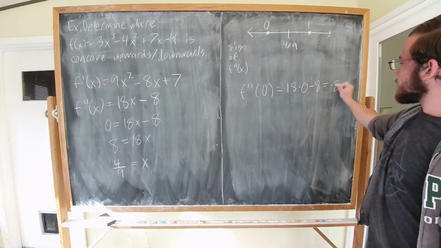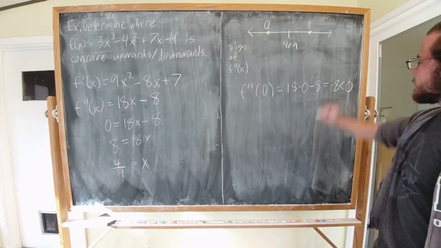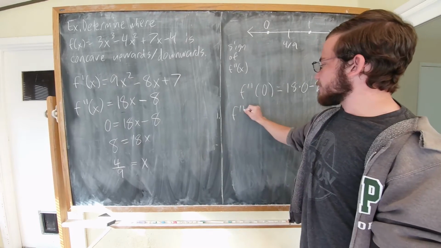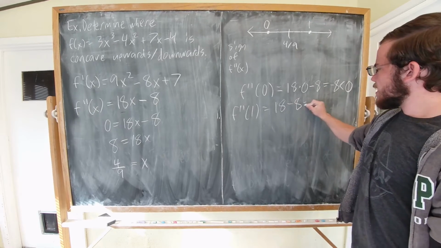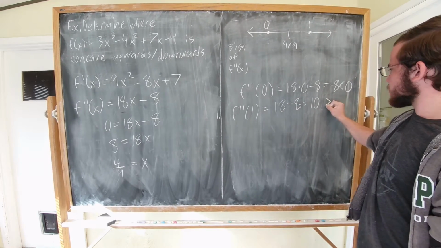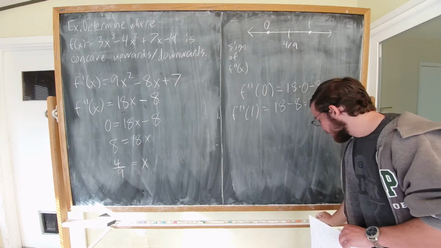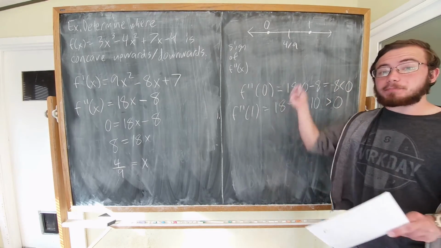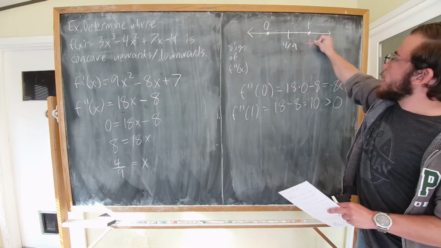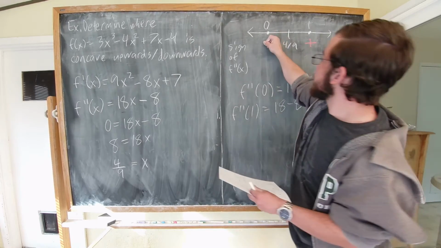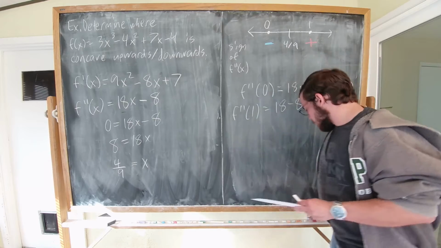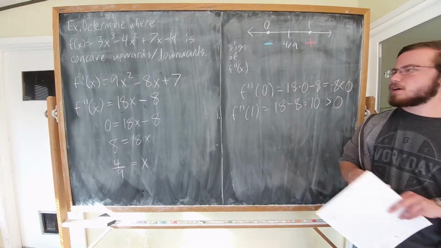That's negative 8, which is strictly less than 0. F double prime of 1 is going to be 18 minus 8, aka 10, which is strictly greater than 0. So we see that f double prime of x is positive above 4/9, and it's negative below 4/9.